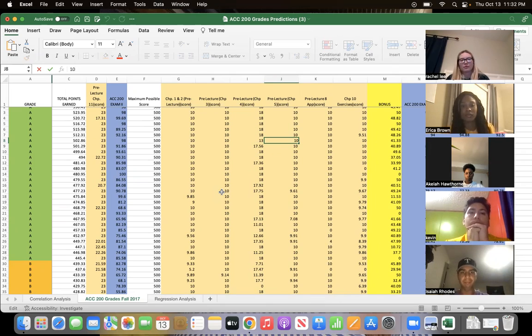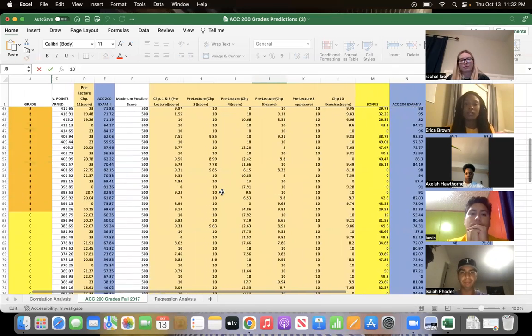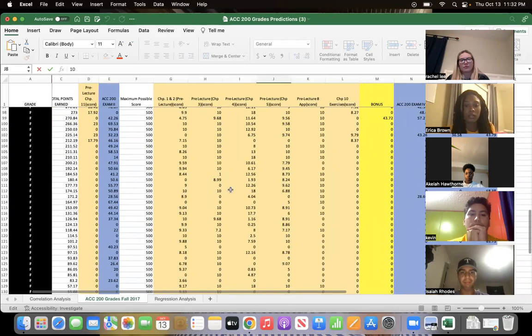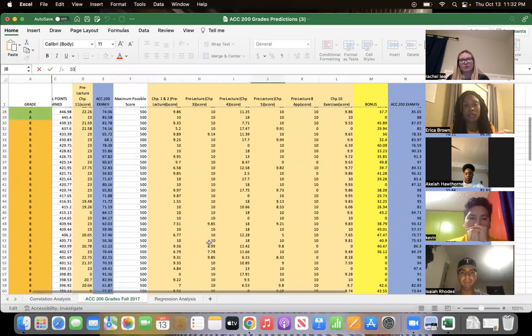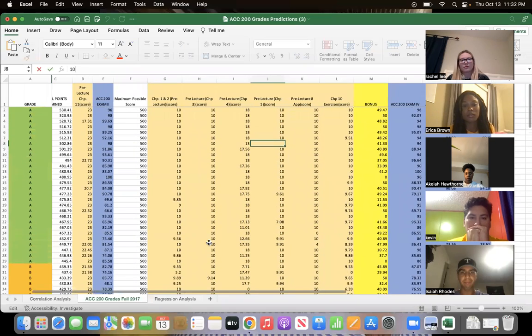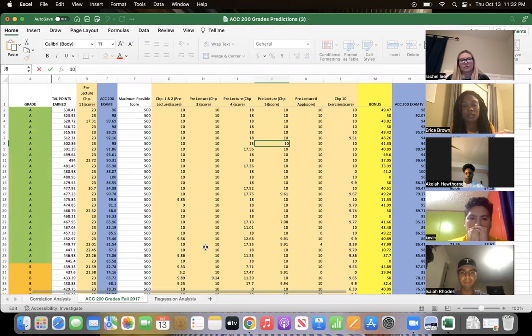We went through and added zeros, as you can see all through here. So everything needs a value when you're doing a regression analysis. And this is one of the first major steps in making sure that you have the correct data to run your proper regression and correlation analysis.